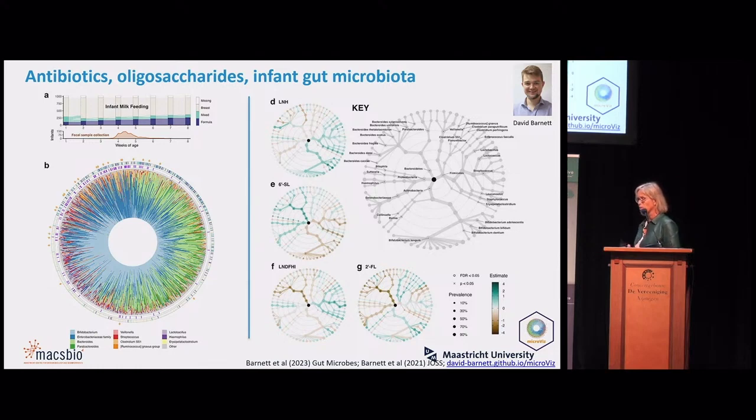On the right hand, you see again plotted associations with these microbiota to the consumption of milk, human milk oligosaccharides. And all of this is visualized in a very nice way by PhD student David Barnett, and he also made this available as a package.